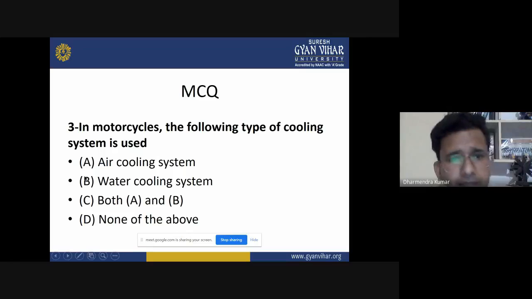Then we can say that in a motorcycle we are using only the air cooling system.